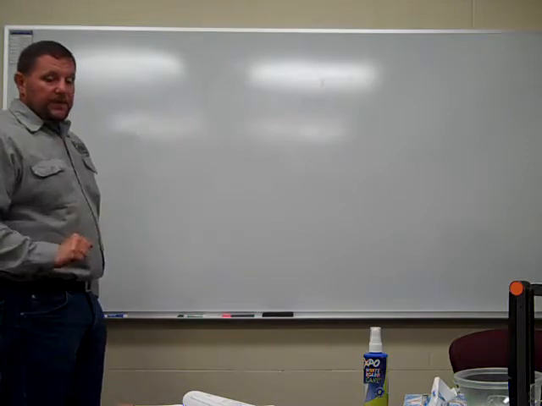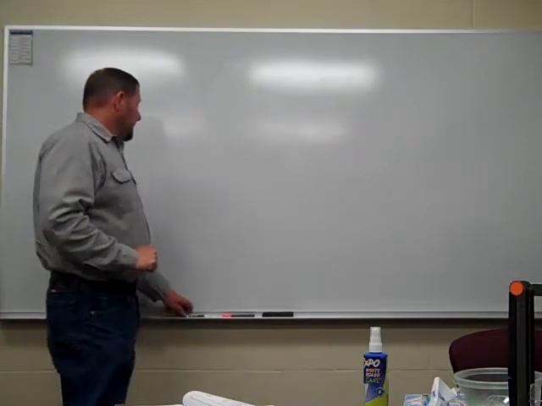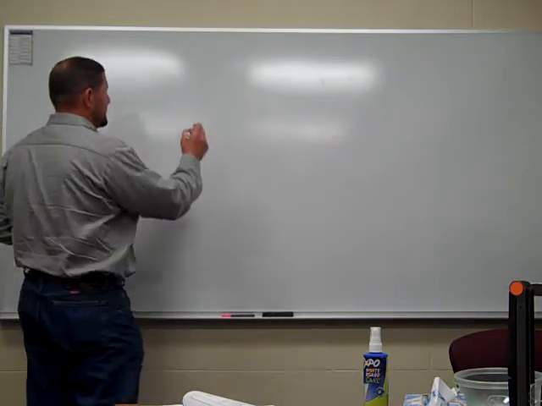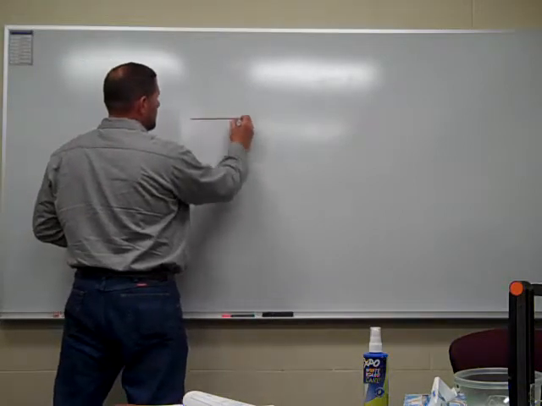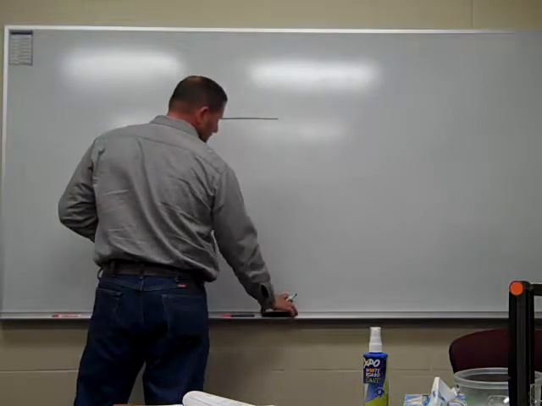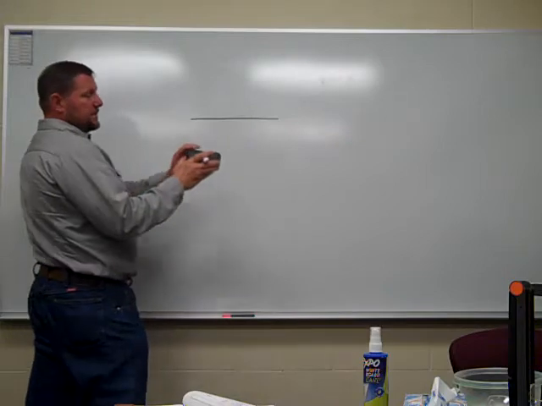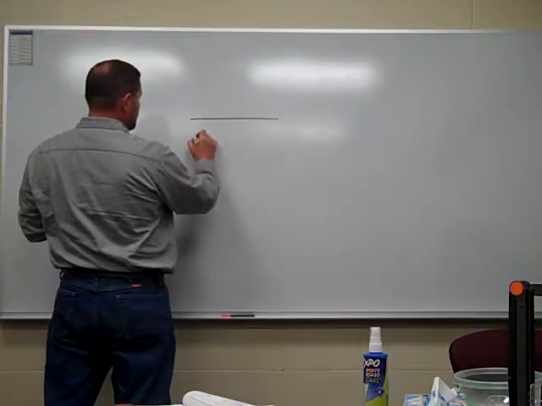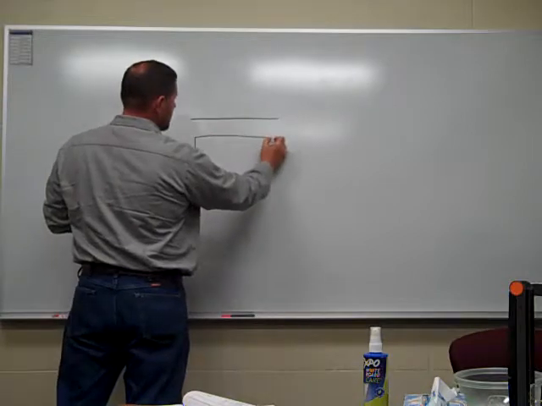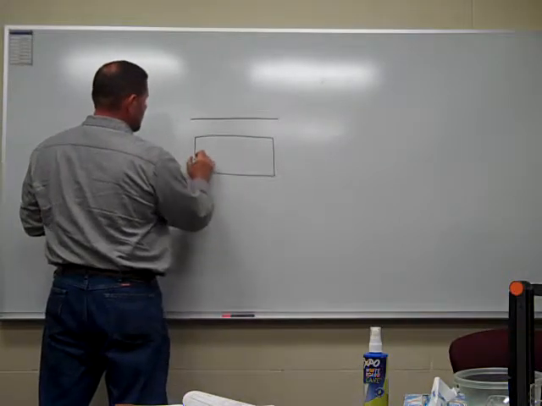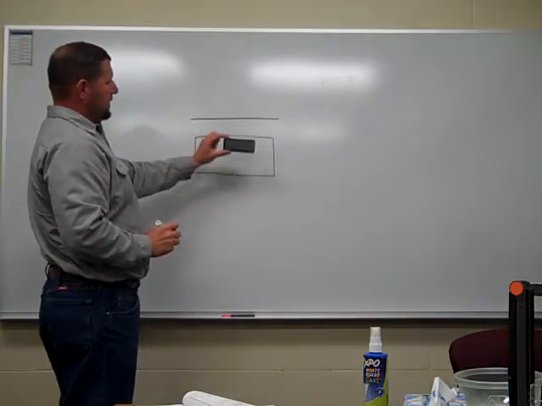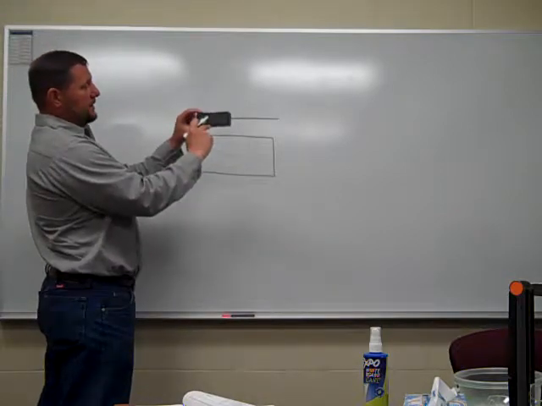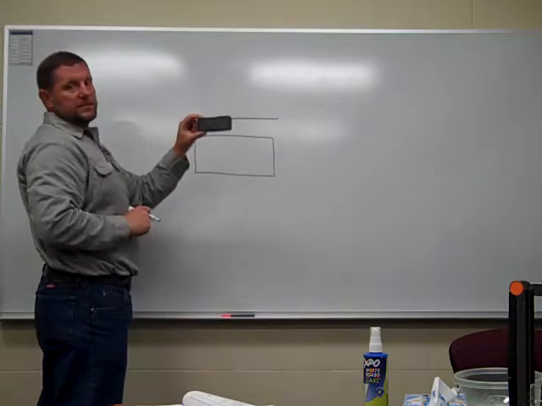So, page 51, the first one is what they call a visible object line. This is just a solid black line. For example, if I'm going to draw this eraser, in this view, what you're going to see is something that looks like this. So I can see this line. I can see all these four edges.